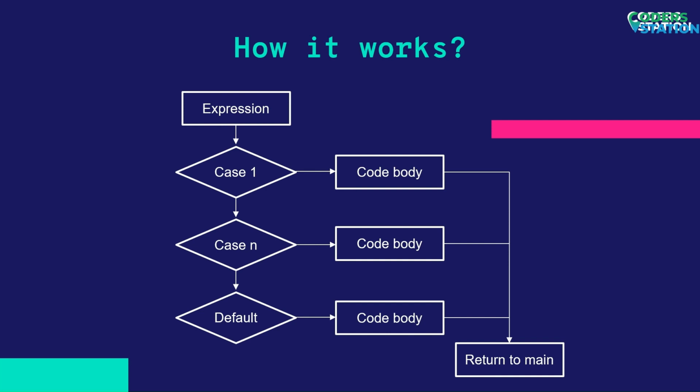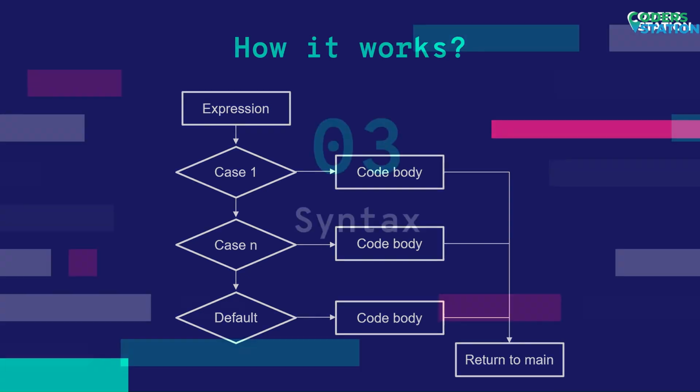If it satisfies the user input, then the code body of case 1 will be executed, else the next case will be checked and the respective code body will be executed. If the case is not satisfied in any of the conditions, then there is a default case in which the code body will be executed if not even one case is satisfied. And after the execution of the code body, it will return to the main program.